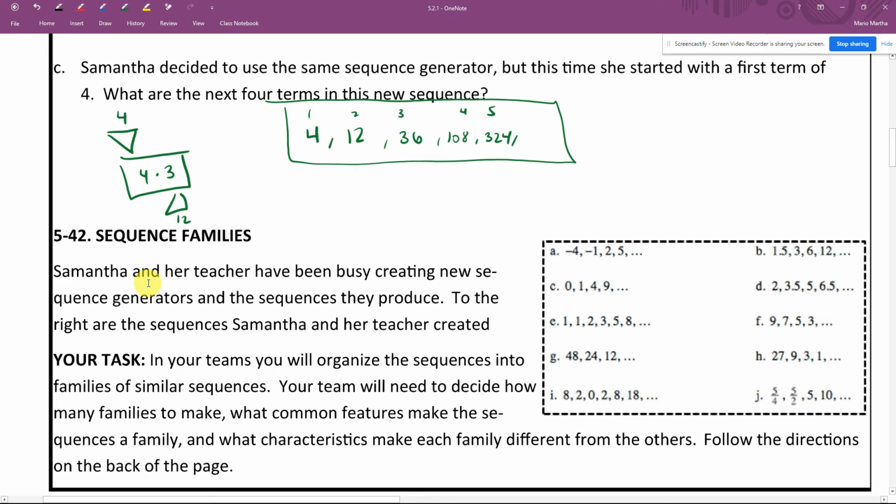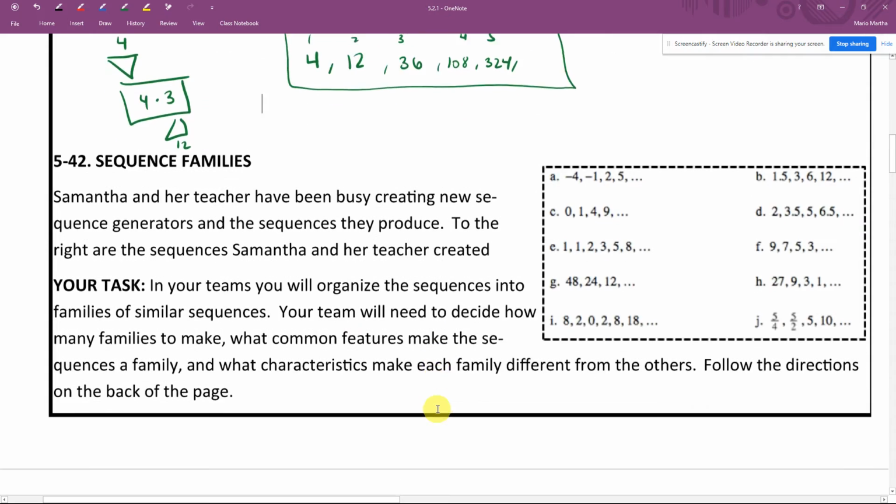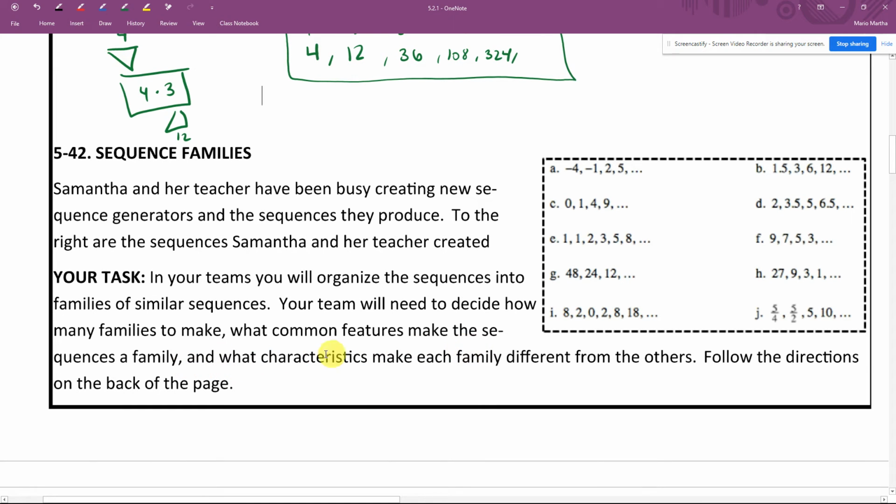All right. Problem 5.4.2, sequence families. Samantha and her teacher have been busy creating new sequence generators and the sequences they produce. To the right are the sequences she and her teacher created. Your task is to organize them into a family of similar sequences and then decide which ones have a common feature.